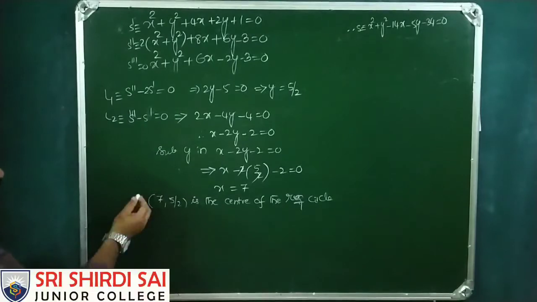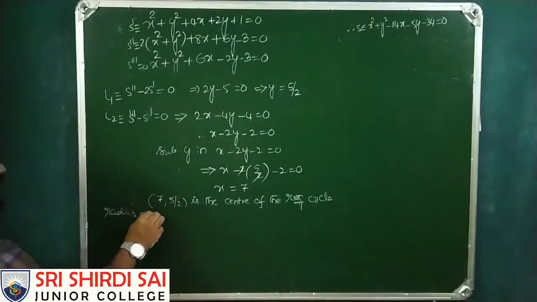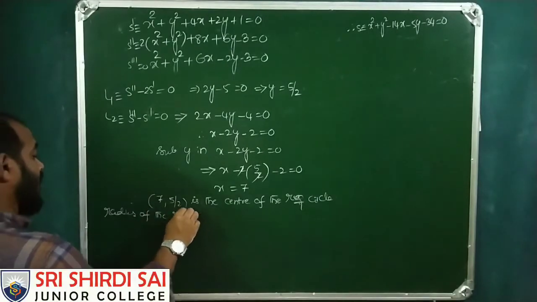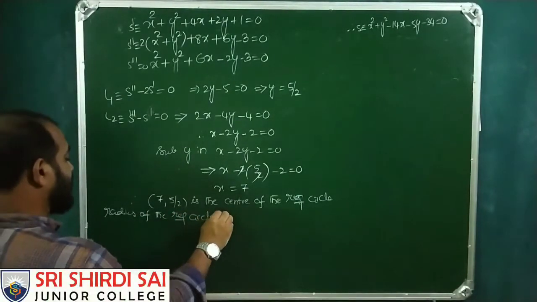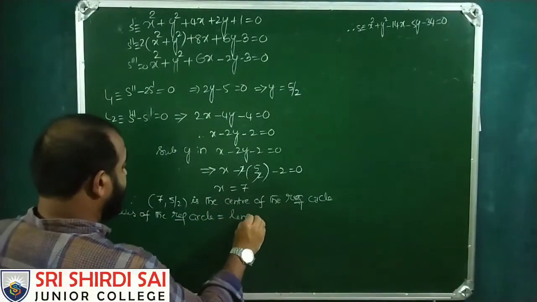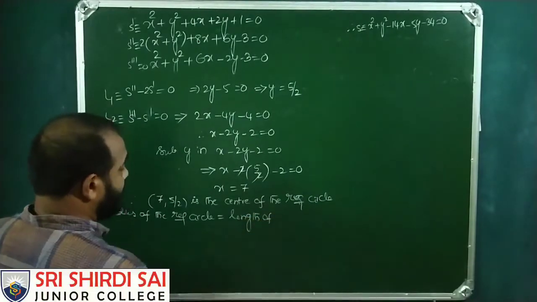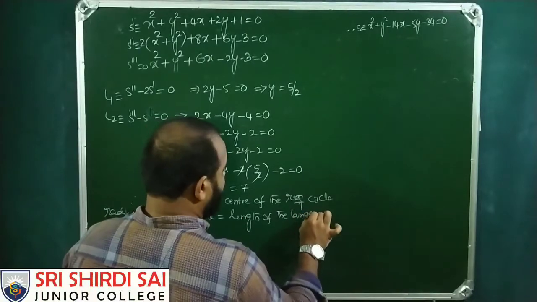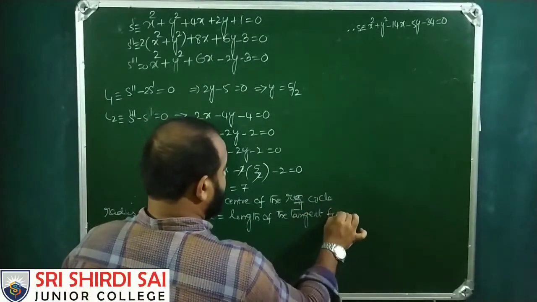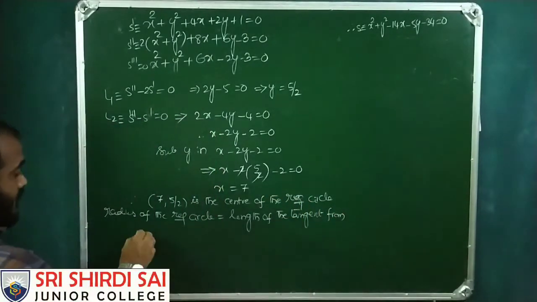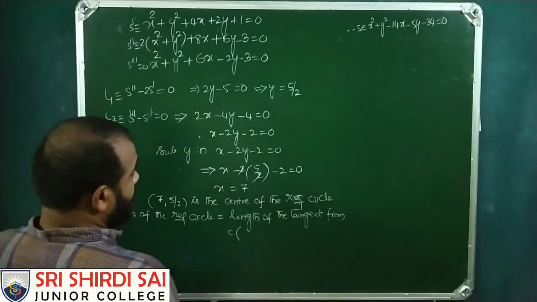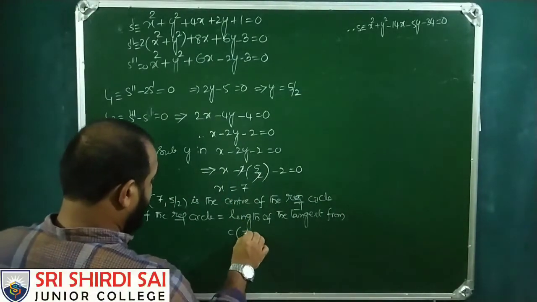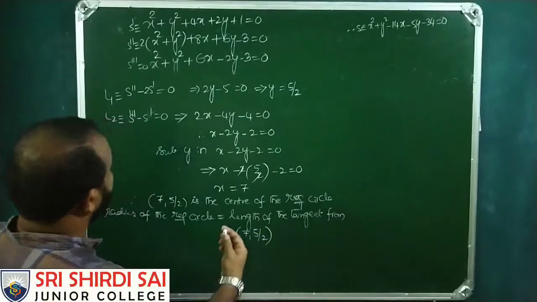Now to obtain the radius: radius of the required circle is equals to length of the tangent drawn from center C, 7 comma 5 by 2, to any circle.